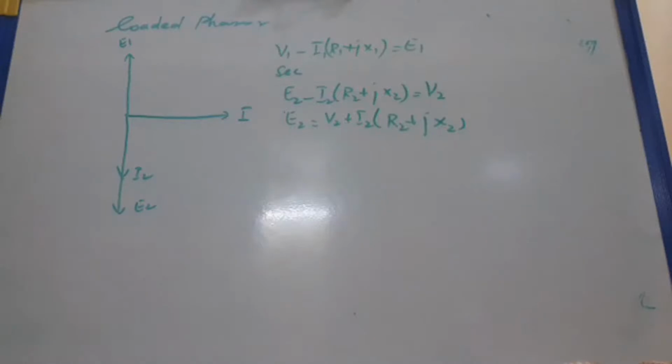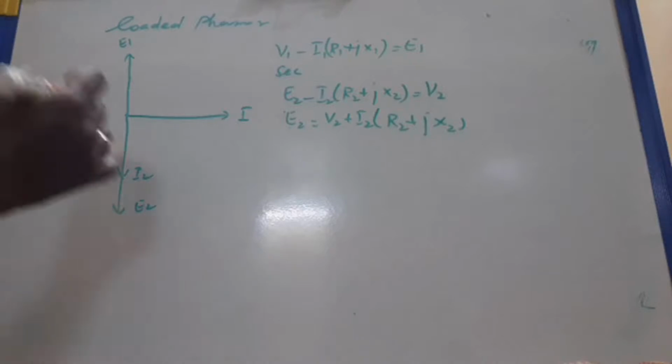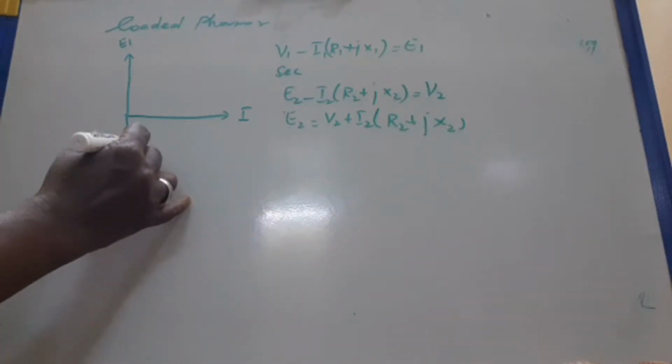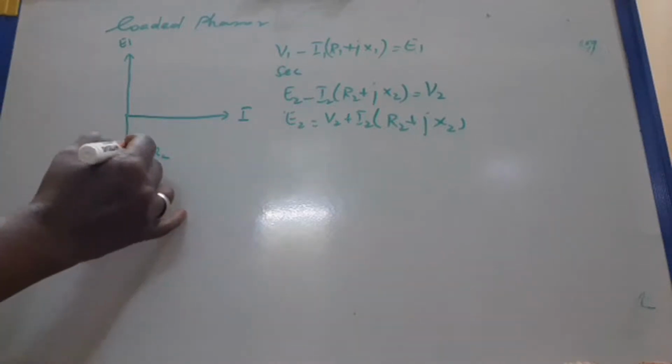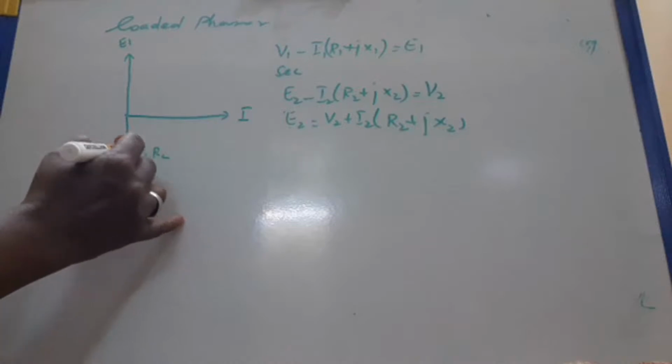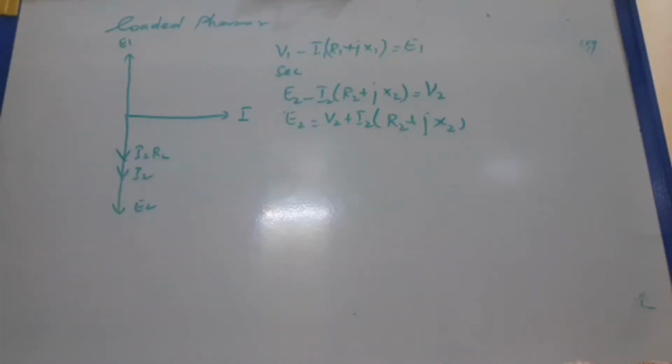In the case of a resistive load, I2 is in phase with V2, so I2 R2 will be in the same direction. Perpendicular to that we get I2 X2, considering I2 first.